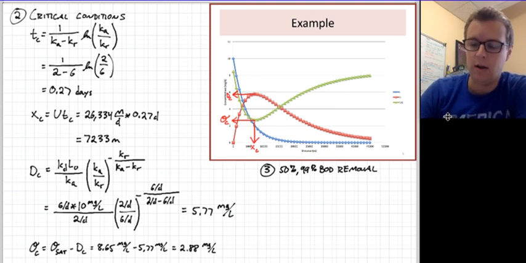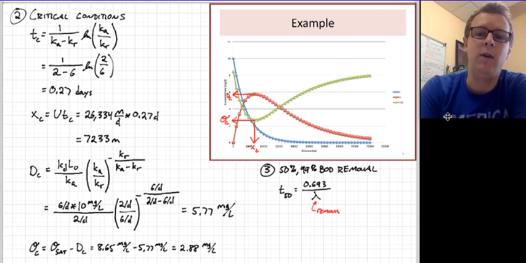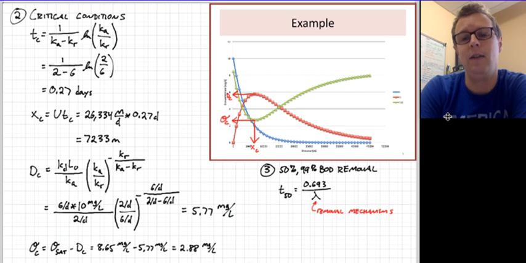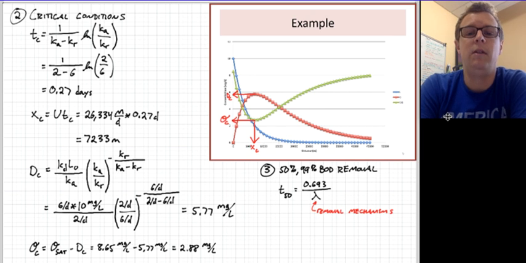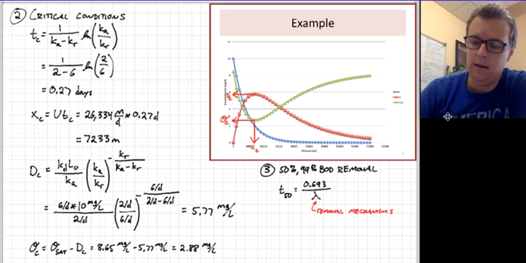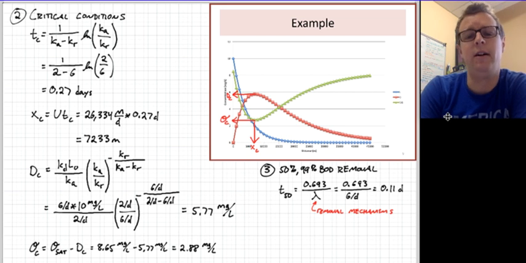Or we can use the shortcuts that we learned previously where, for example, half-life, or that T50, is 0.693 over lambda. Now that lambda was the sum of all the removal mechanisms. In this problem, the only removal mechanism for BOD is decay, Kr, or Kd. And so we can simply use that shortcut and say, well, time of 50% removal is about 0.11 days.